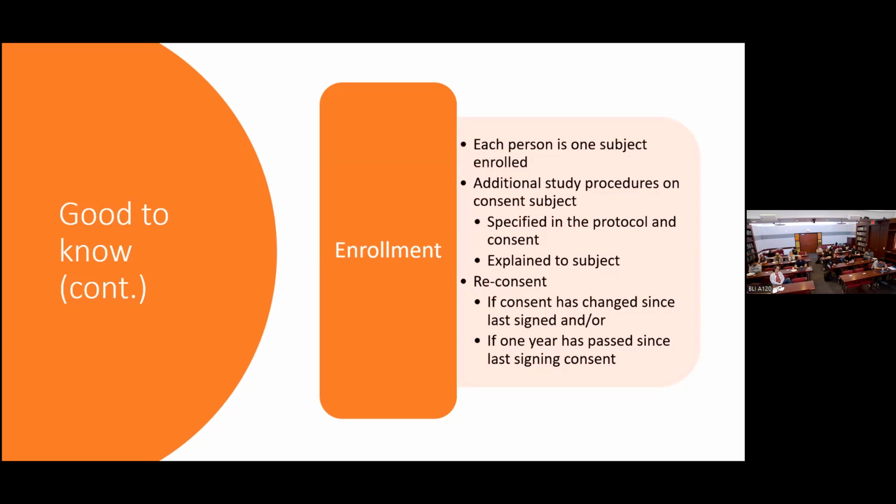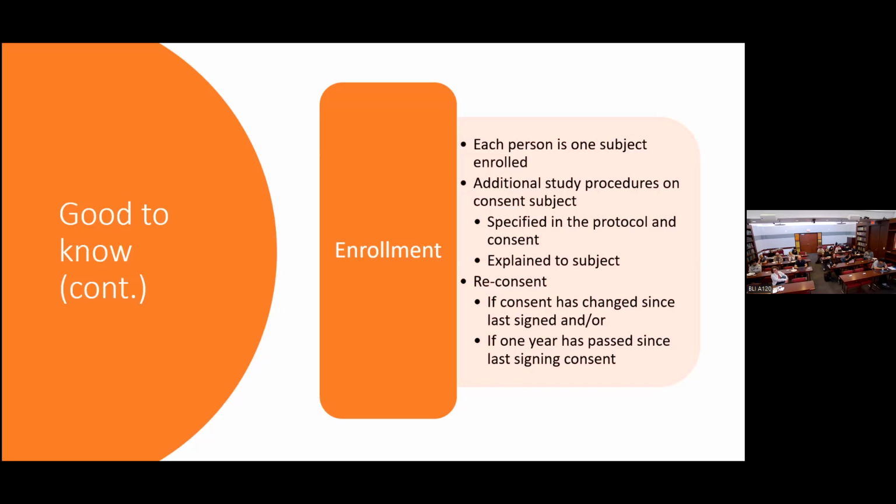So you might have a minimal risk study that you don't have study visit 1, study visit 2, follow up, all of that. But you might want to have that person come back and say that I was a subject in a study, I was imaged on my right arm, but then I had something that might be imaged on my left arm. Even though that might be 2 different data points for you, I'm still one person and I'm still one enrollment. So that needs to be made clear to the research subject when you're consenting them that I may want to have you come back, and it needs to be in the consent form.